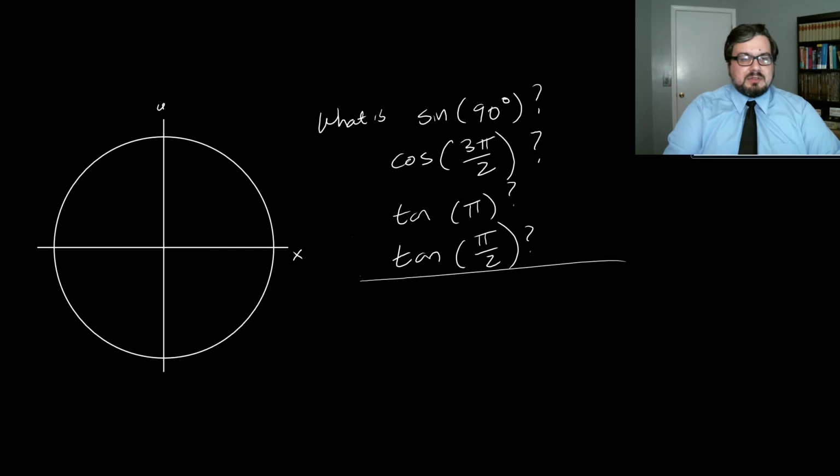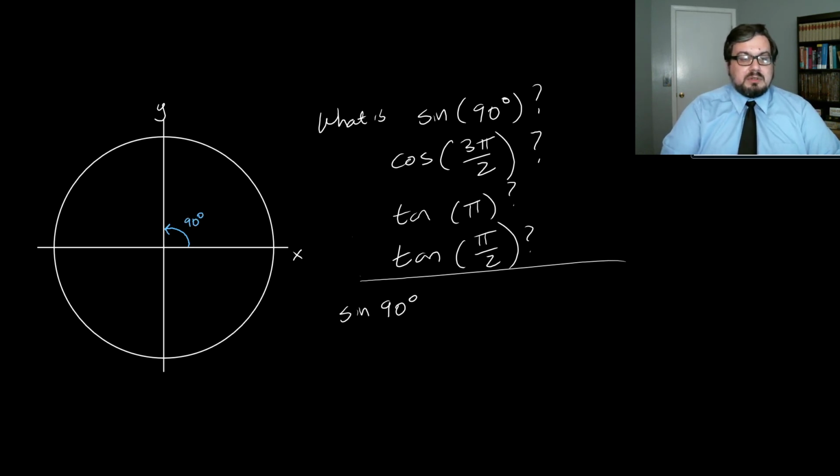So we've got x, we've got y, and here we go. If we want sine of 90 degrees, we can look for a 90-degree angle. Now we know that a 90-degree angle is exactly 1/4 of the way around the circle.